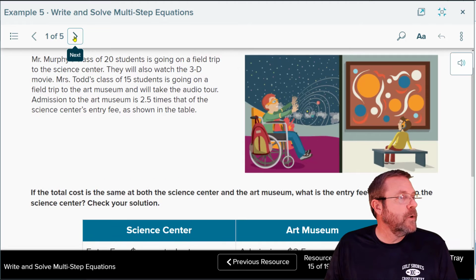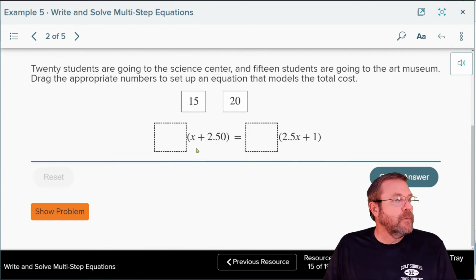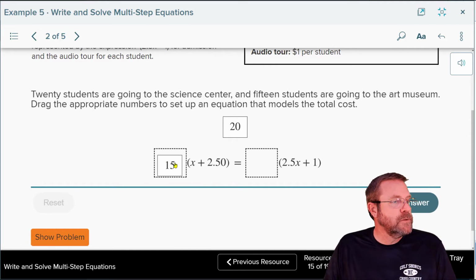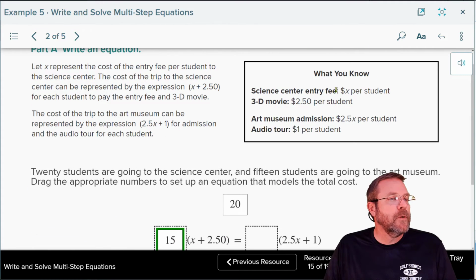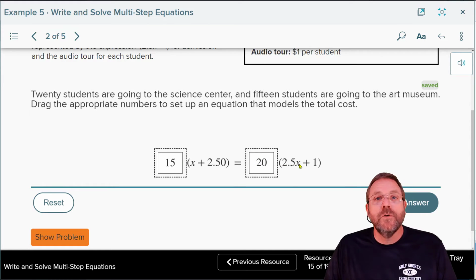So from here, we're going to take that information and set it equal to each other. We need to say that we've got the Science Center, I believe it had 15 students, and it was 15 students times, let me go back and check the information right there. So you had 15 students times $2.50 per student, and then the Art Center had 20 students times 2.5 times the cost of the Science Center plus $1 per student.